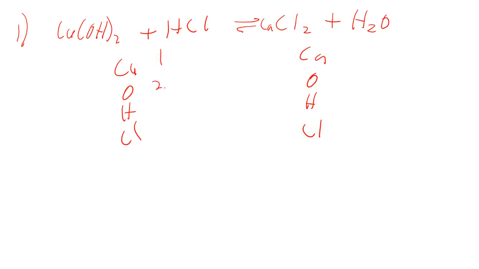So we have 1 calcium, 2 oxygens. We actually have a total of 3 hydrogens and 1 chlorine. On this side, we have 1 calcium, 2 chlorines, 2 hydrogens, and only 1 oxygen. So we need to balance this reaction. So let's start by putting a 2 in front of HCl, and that's going to give me an even number of hydrogens, and it's also going to balance my chlorines. And then if I stick a 2 in front of the water, now I balance the hydrogen and the oxygen.